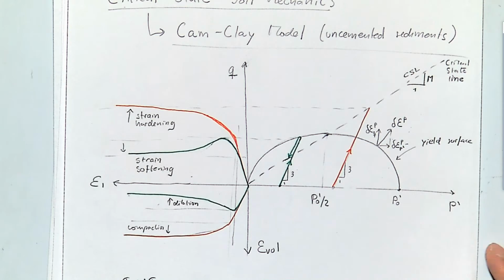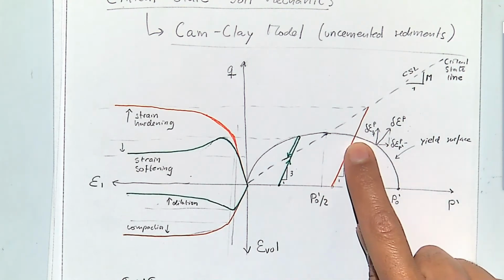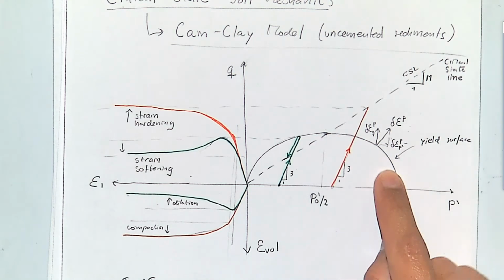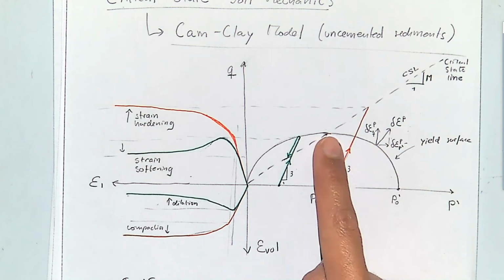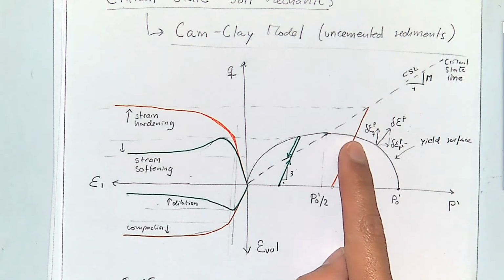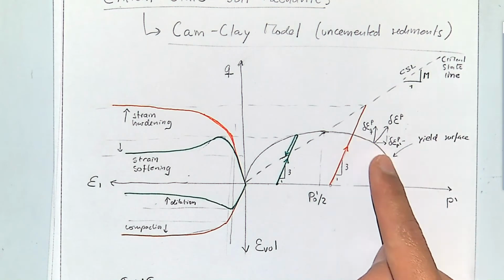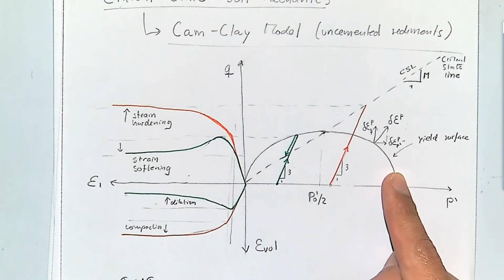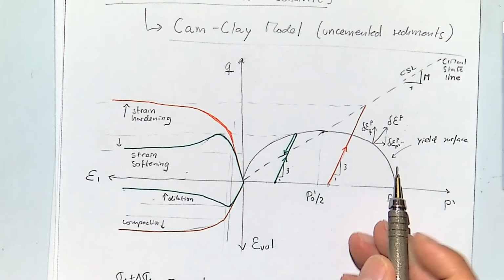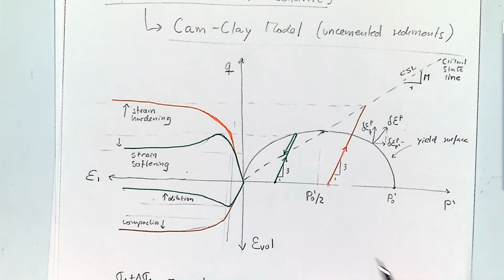And let me explain again that when you go first through the yield surface to this curved region, and on the right side of the middle, you will go through a process of strain hardening because you are on this side of the curve, and when you have this, you have compaction because you always have a positive component in the direction of compression, while you are on this side.